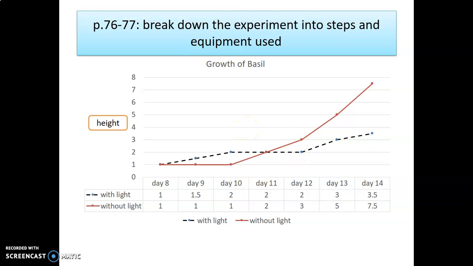So use your imagination a little bit, and think what equipment the researchers used here, and what steps they took to conduct this experiment. Let's start with the equipment. What do you think the researchers used?